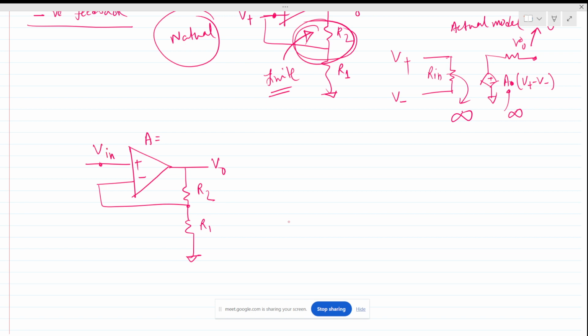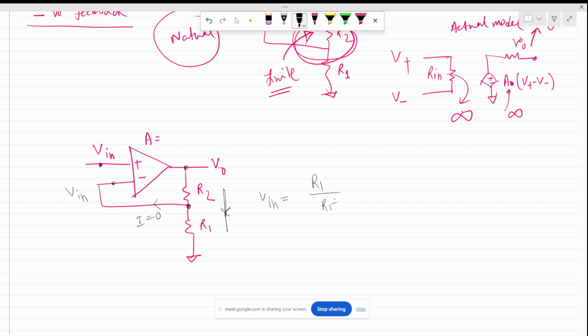Now if we normally write KCL and KVL, what will be the case? No current can flow through this branch, so I is 0 here. All of the current flows through this branch, and we know this node is equal to this node. If we apply KVL at this branch, this node voltage will be nothing but R1 divided by R1 plus R2 times V out.